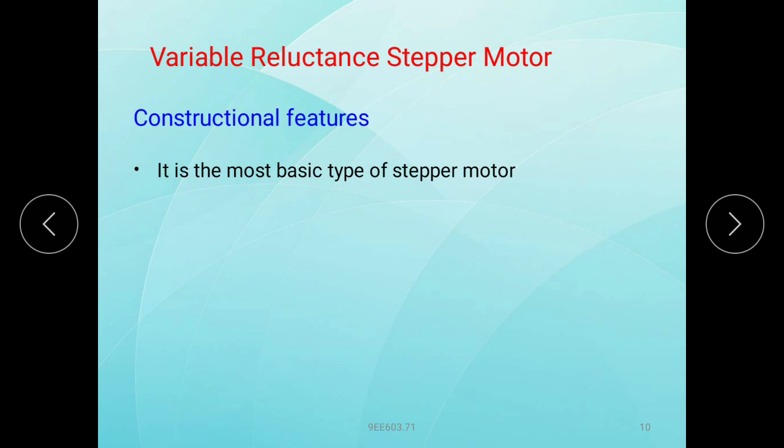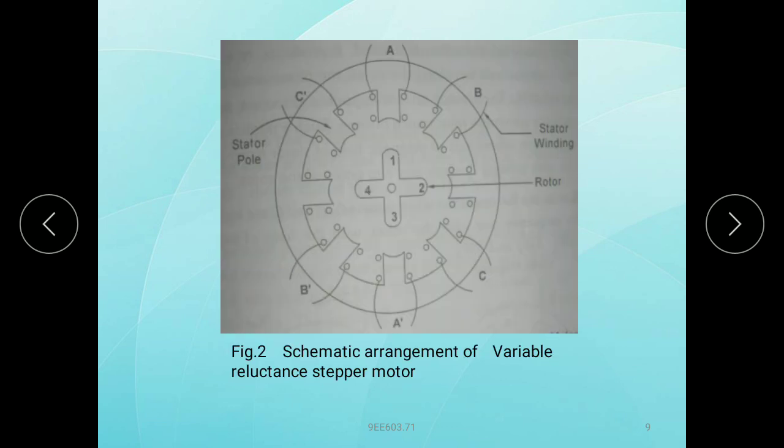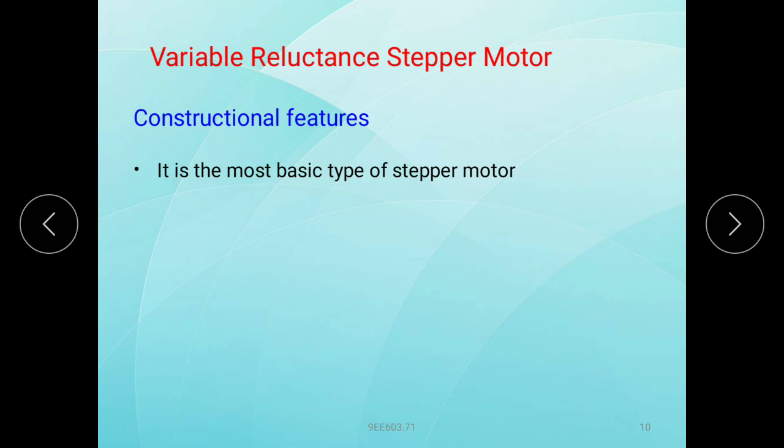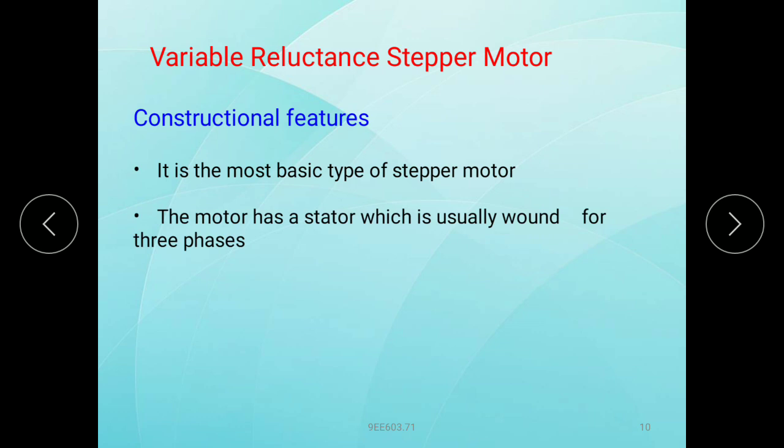See here, this is phase A dash, that is phase A, B dash, phase B, and C dash, phase C. So these are the 3 phases.